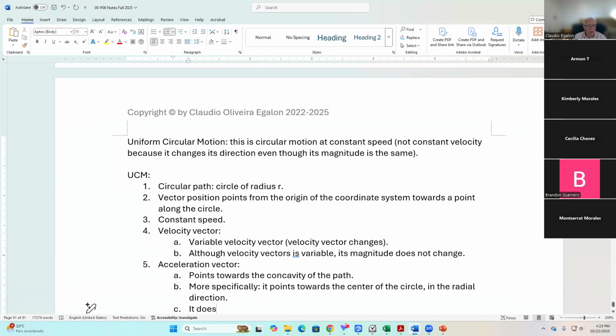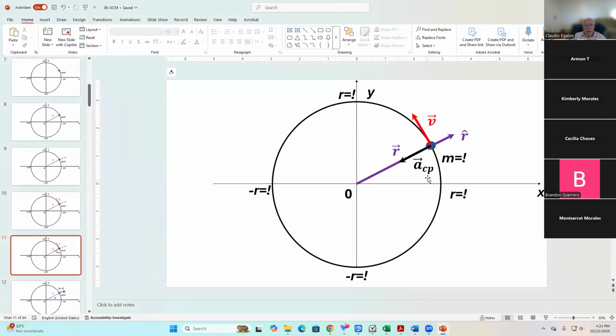It does not have a tangential component because the speed is constant. That's the very definition of uniform circular motion. By tangential component, I mean an acceleration vector that's like that. If the motion were like that, the speed would be increasing.